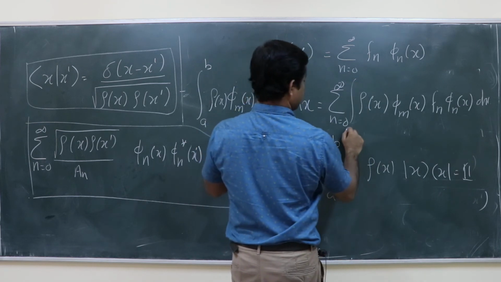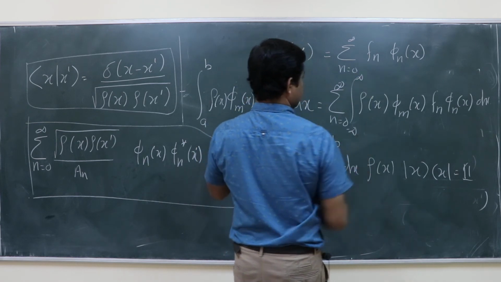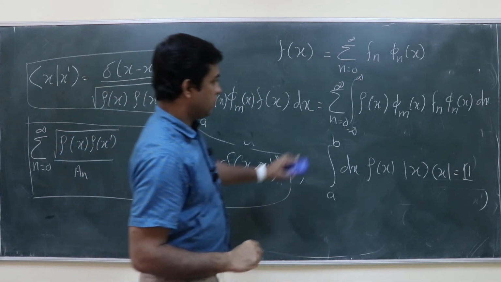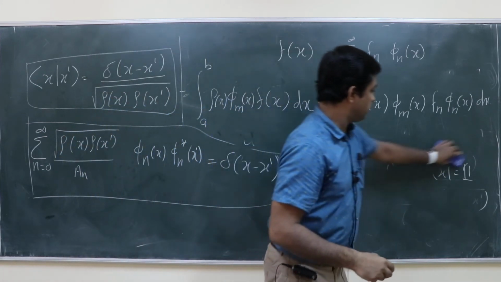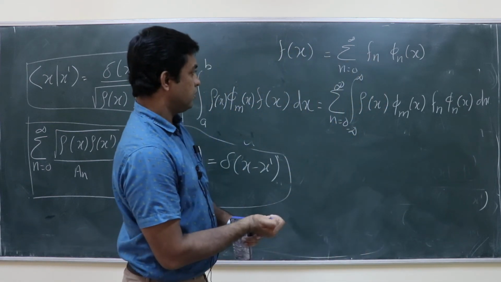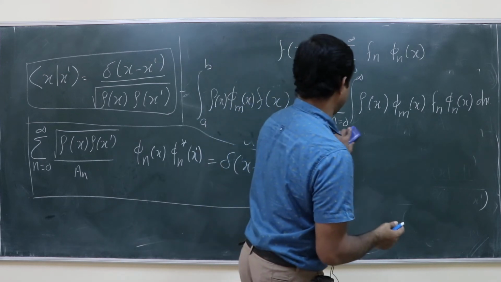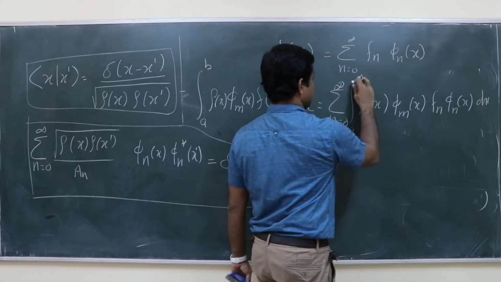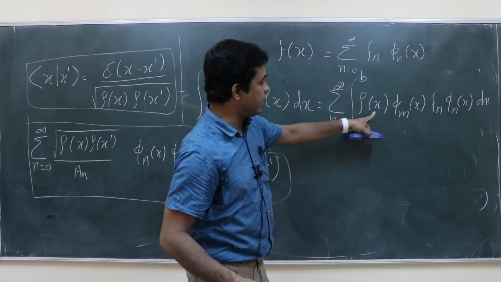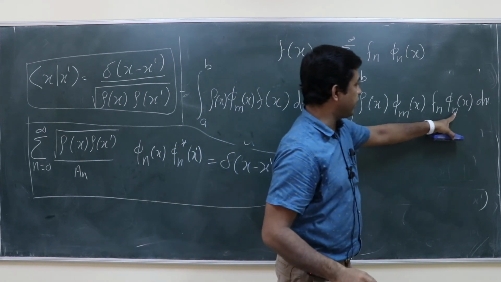The limit should be a to b, yes. So this is equal to the integral from a to b of rho of x phi m of x f n phi n of x dx.